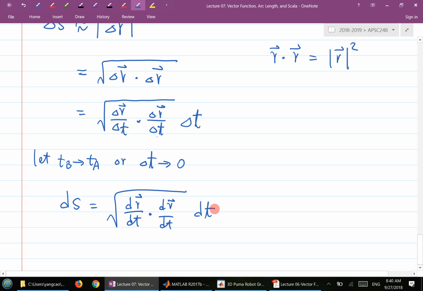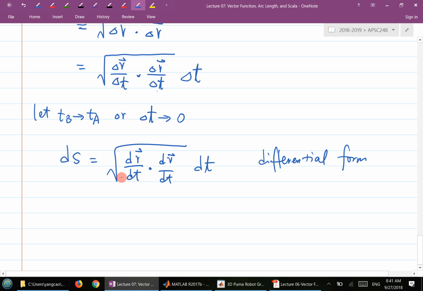So now this comes out nicely as this differential form. This is what I call the differential format: the infinitesimally small segment ds.